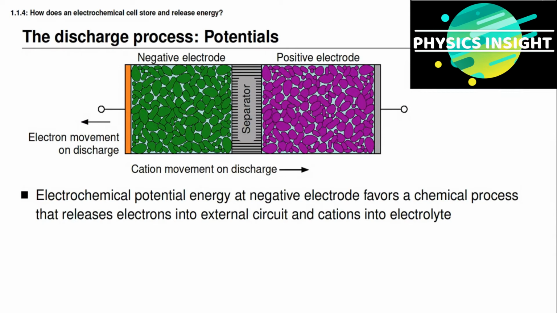I bring back this cross-section illustration of a battery cell from a previous lesson to illustrate the discharge process. A charged battery cell holds electrochemical potential energy, and this potential energy at the negative electrode favors a chemical process that releases electrons into the external circuit and releases positively charged cations into the electrolyte.